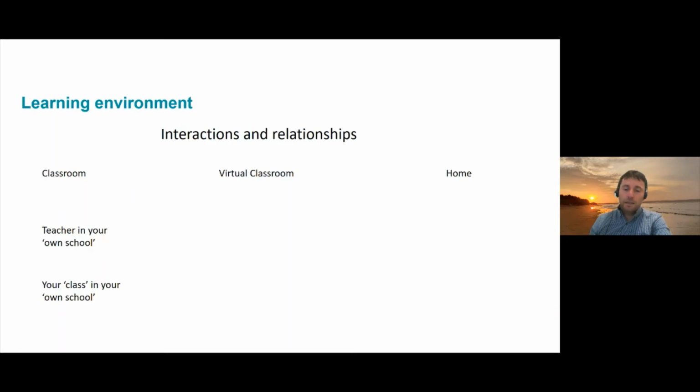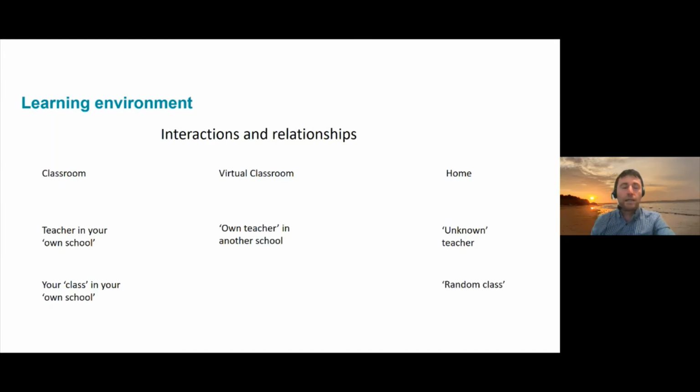When I started to think about the E-sgol project, then we've potentially got a different situation, and within that virtual classroom that you set up for the project, at first the learners are with a teacher they don't know, an unknown teacher in that sense. How does the teacher then build the interactions and relationships so that that unknown teacher becomes, yeah, this is my teacher, even though they're in another school?